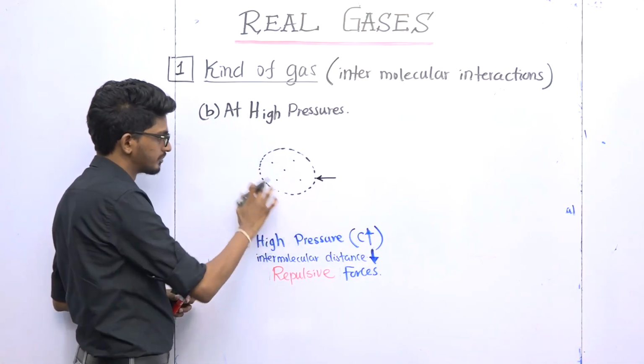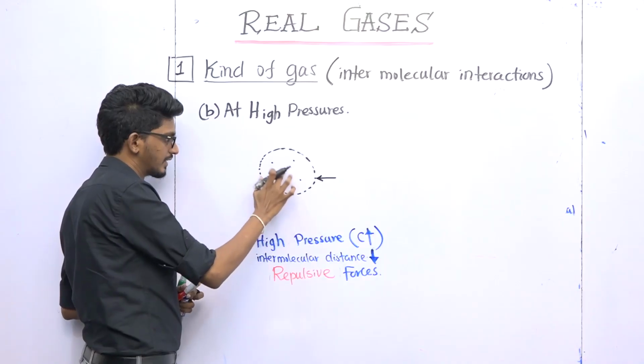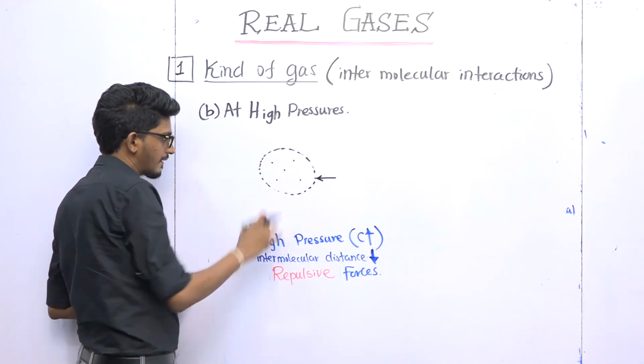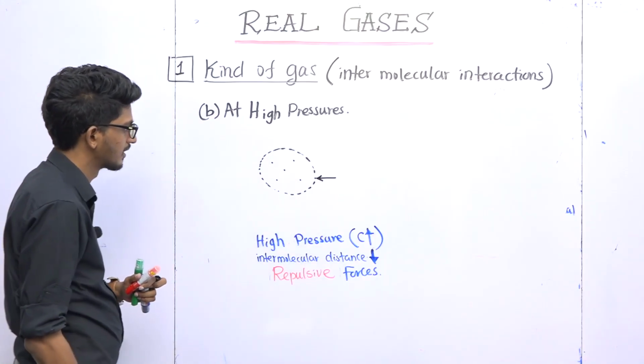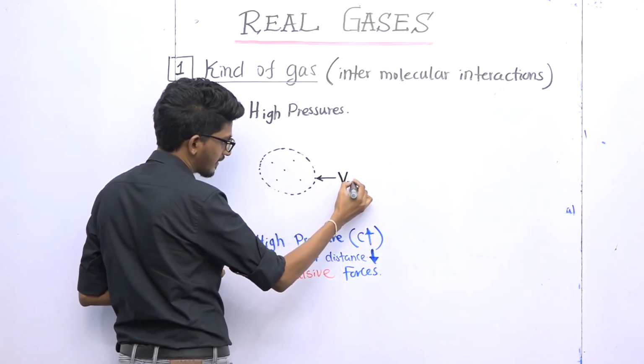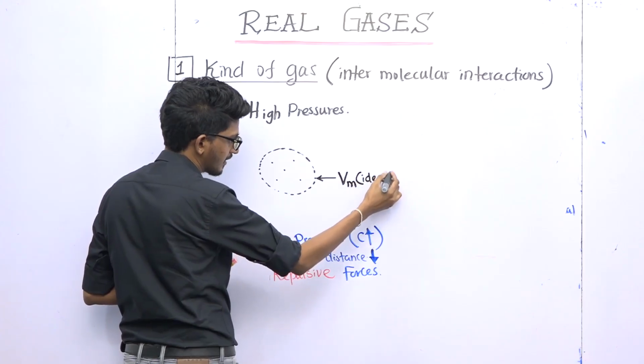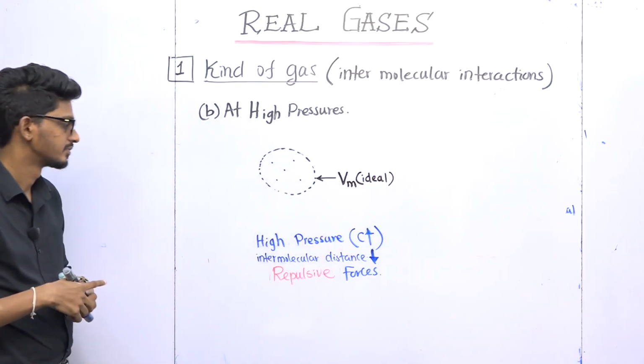So this is the volume occupied by 1 mole of gas particles. Let's consider that these 5 dots represent 1 mole of gas molecules, so we can consider this area as the molar volume for an ideal gas.